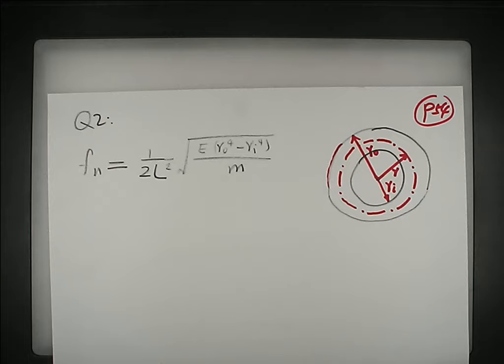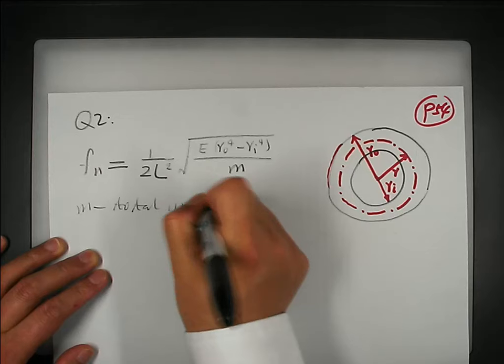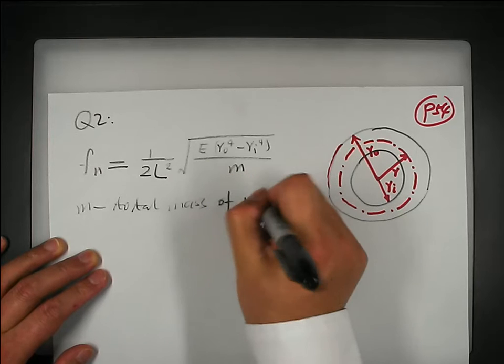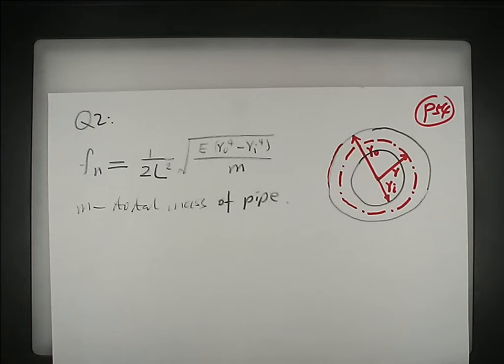And here L is also to the power 2. In this equation, M is the total mass of the pipe.